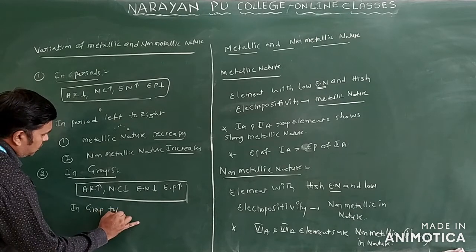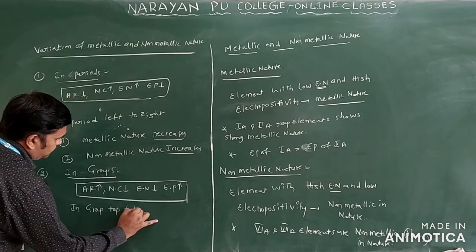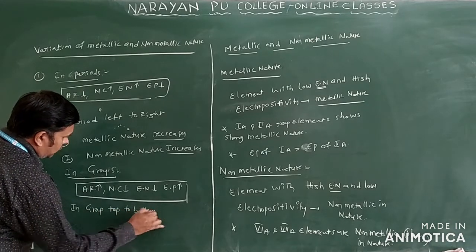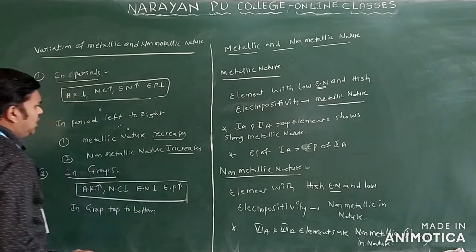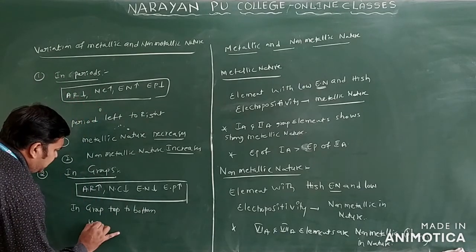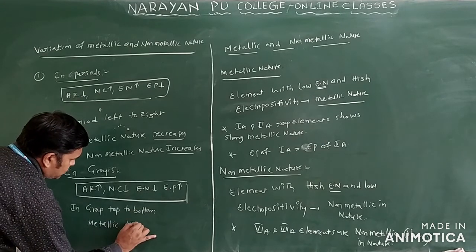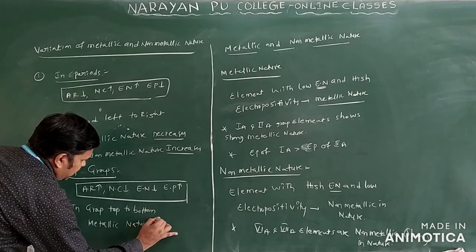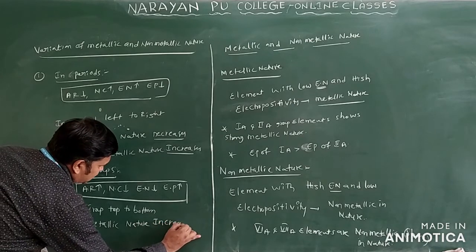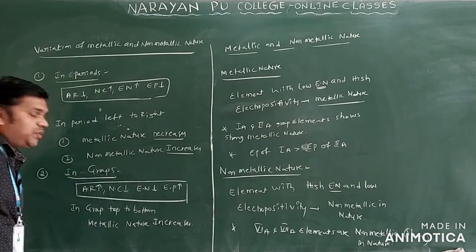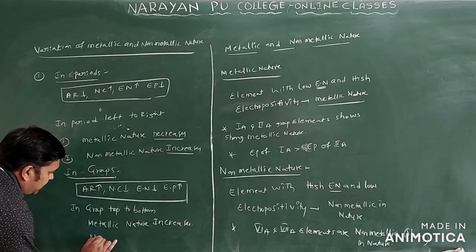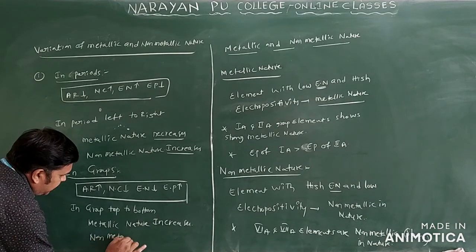In a group from top to bottom, electropositivity increases, so metallic nature increases, and non-metallic nature decreases. Why?